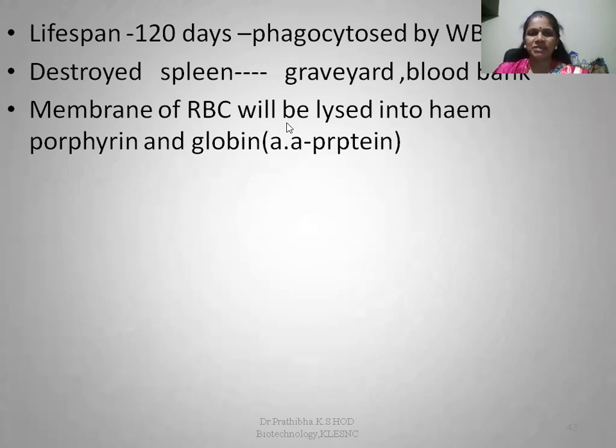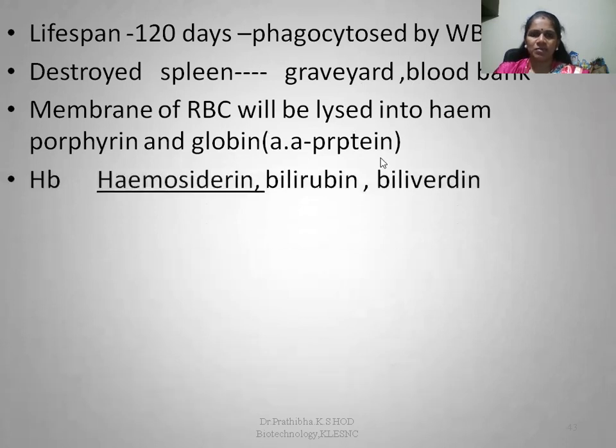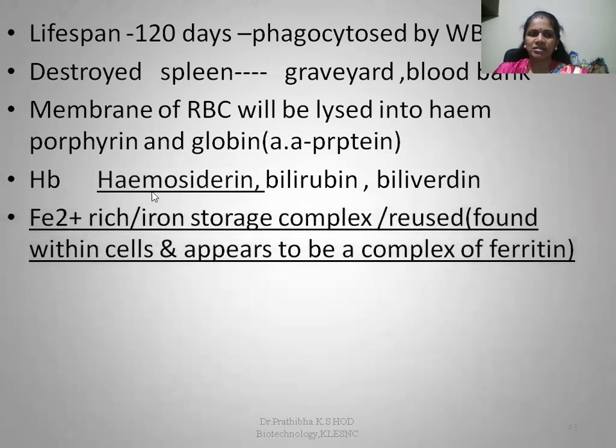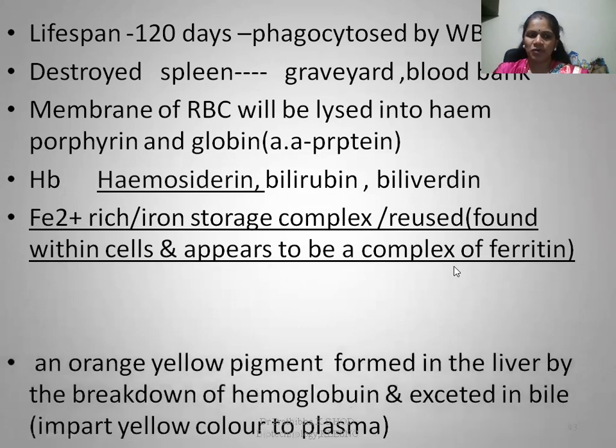Membrane of RBC will be lysed into heme, that is heme, porphyrin, and globin, the amino acid protein. Hemoglobin is further digested into hemosiderin, bilirubin and biliverdin. Hemosiderin is the iron-rich storage complex that is reused, found within the cells and appears to be a complex of ferritin.